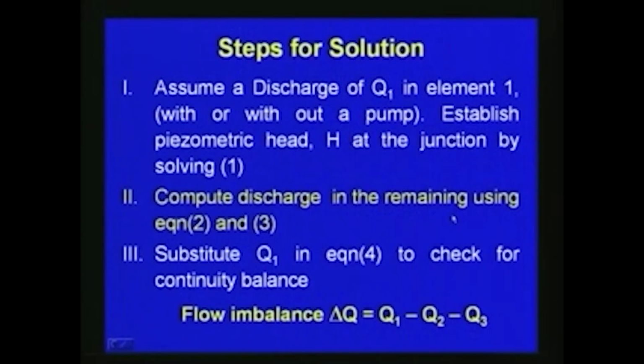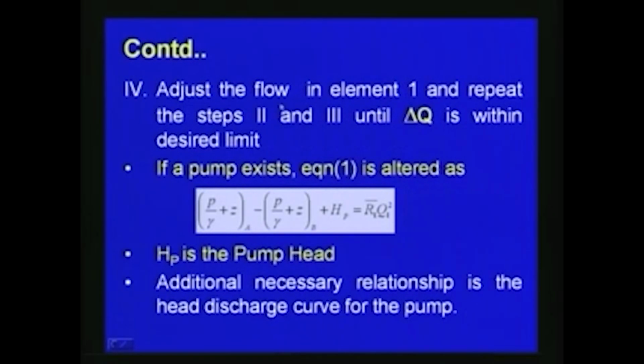The fourth step is we adjust the flow in element 1 and repeat steps 2 and 3 until delta Q is within the desired limits. For delta Q, when we do the iterative procedure, we can set a prior value, like 0.005 or 0.0005, and when the computer does the iteration and reaches this particular limit, the iteration is stopped and we finally get the value.